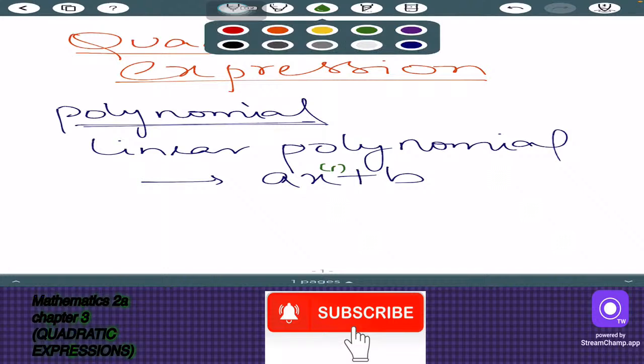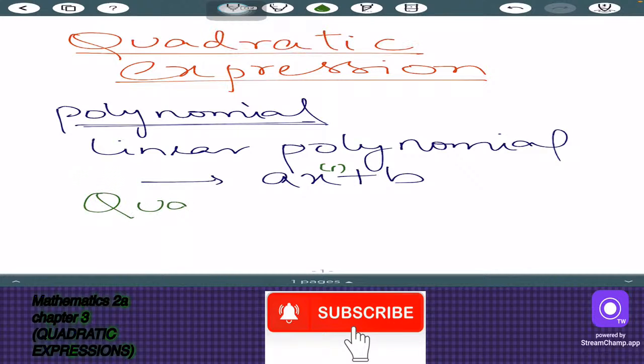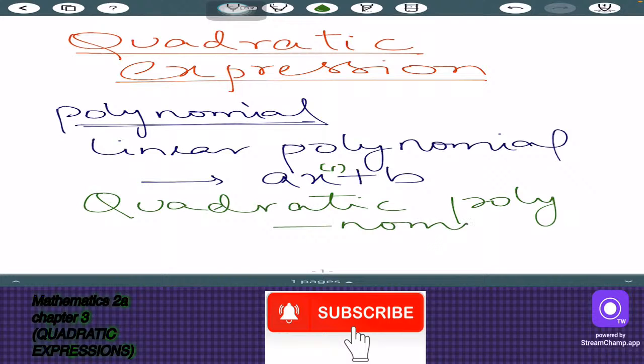But if you go for the same for quadratic polynomial, that is ax square plus bx plus c. Means in addition to linear polynomial, you need a coefficient of x to the power of 2.